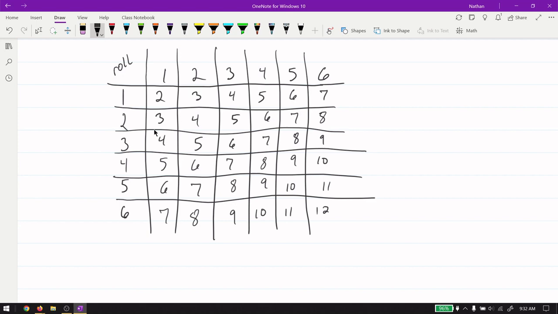So 2 through 12, starting here and going on up. So if you get a 1 on the first roll, then we can have these 6 possibilities for the total dice roll. And as you can see, if I look down one of the diagonals here, 7 shows up the most, 6 times. So 7 is weighted far heavier than something like 2 and 12. Those are only showing up once on there.